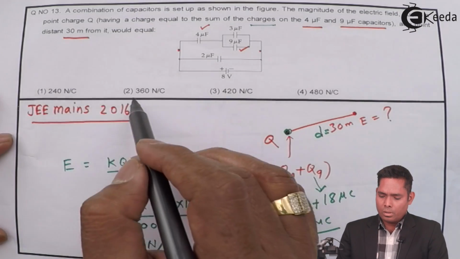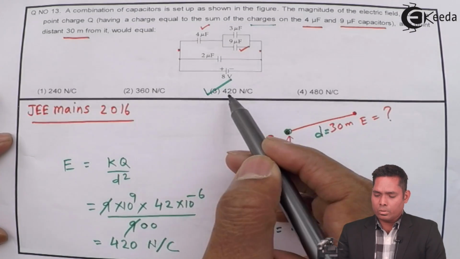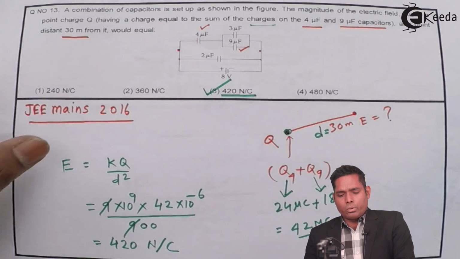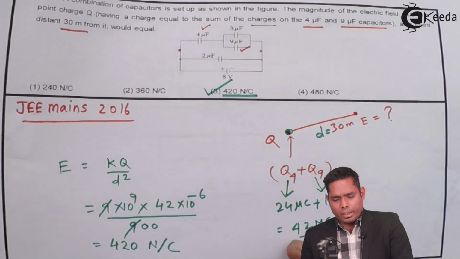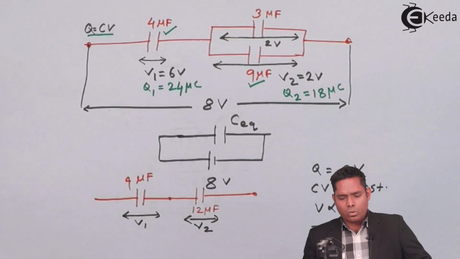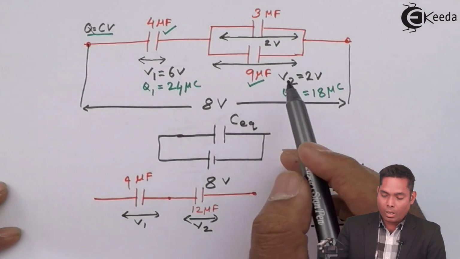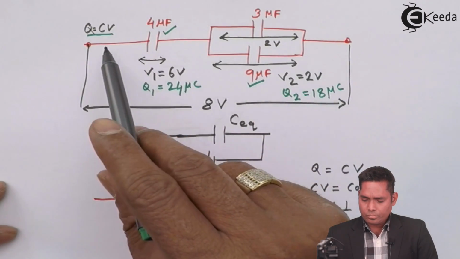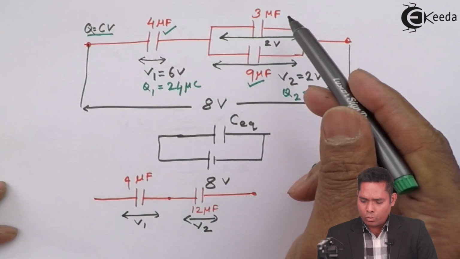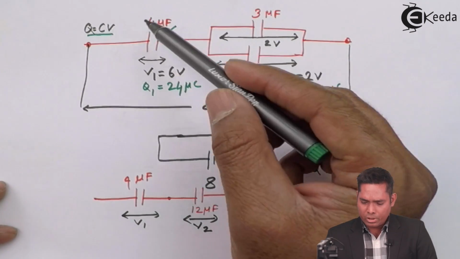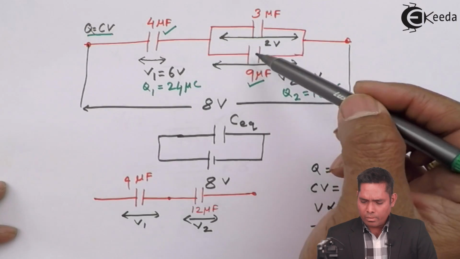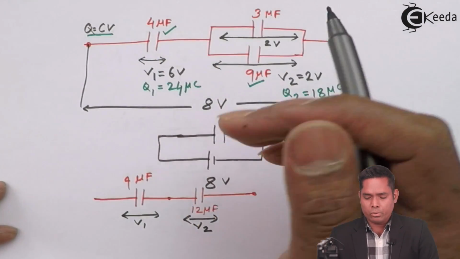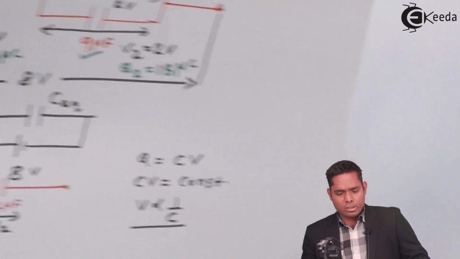If you see the options, then this is the answer to this question, 420 Newton per coulomb. I was talking about another method: if I find the equivalent capacitance of these two combinations, this is 12 and this is 4, in series, we can use that formula and solve this way.